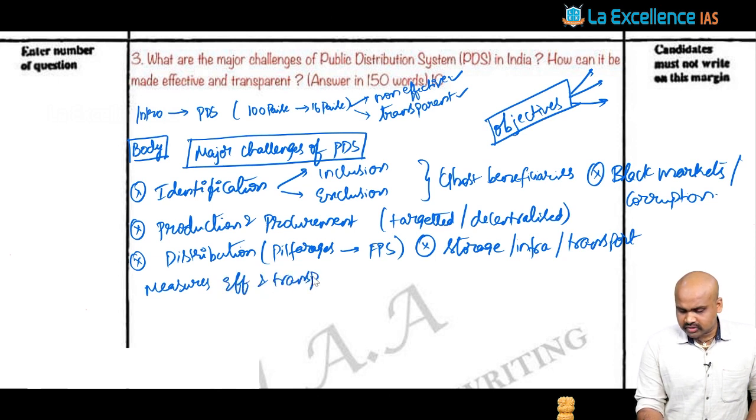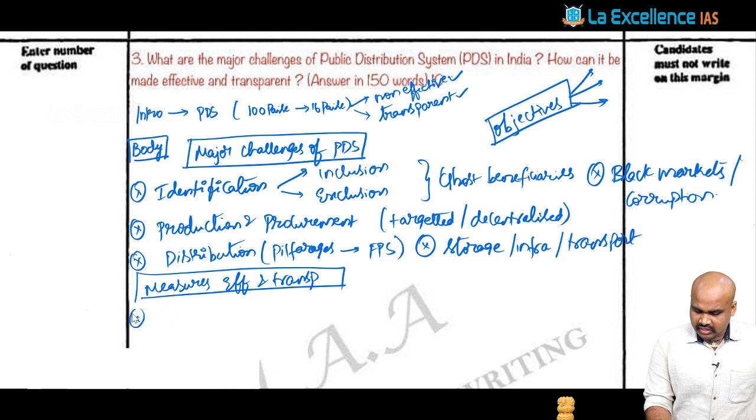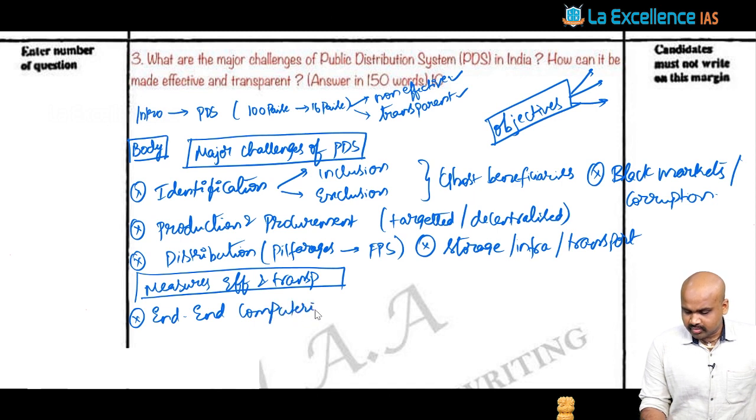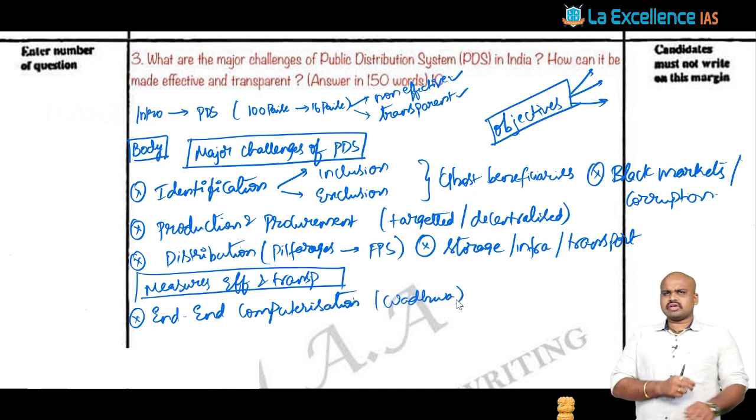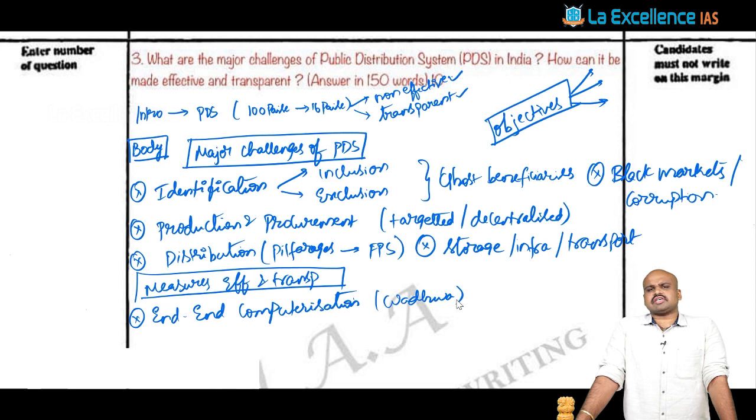When you talk about these measures, the major suggestion that has been given is end-to-end computerization, which was provided by the Justice Wadhwa Committee. The Justice Wadhwa Committee has observed that there are a number of pilferages present in PDS as a system, and having observed that, they have suggested that end-to-end computerization has to happen.